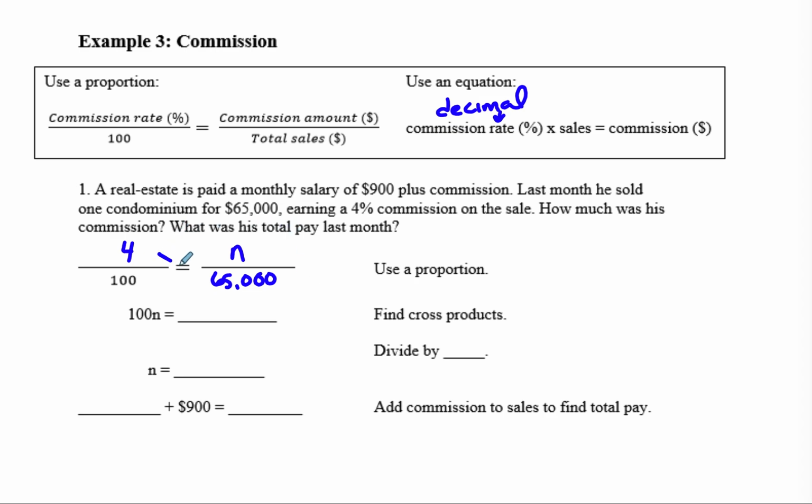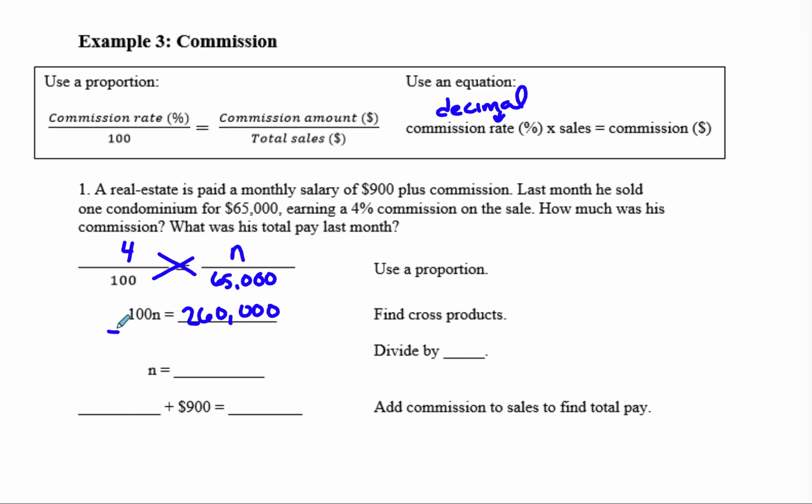All right, let's go ahead and check our answer. So we're going to go ahead and do cross products. That's how it's set up here. So I'm going to do 65,000, and I am going to multiply by 4. That gives me 260,000. And then 100 times n is 100n.